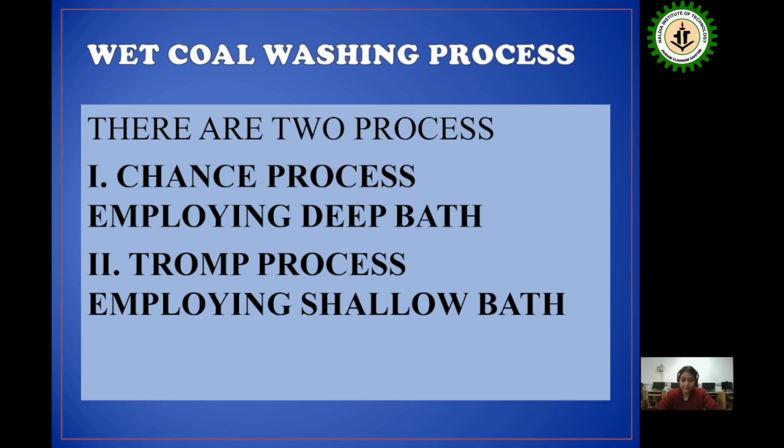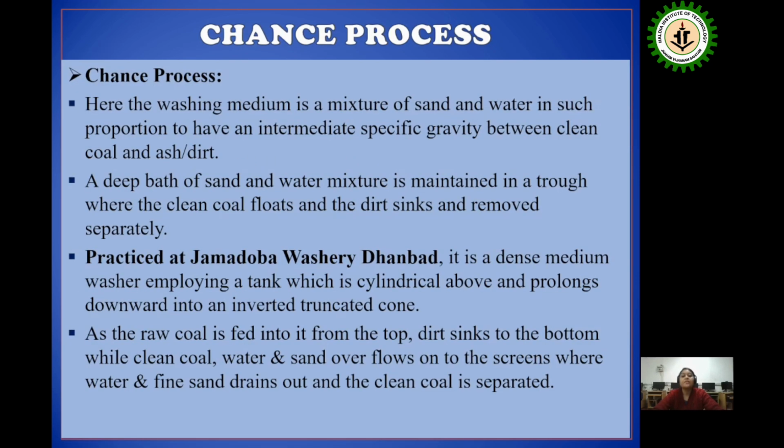So let's study in detail about both the processes. This chance process, since it's a wet process, so definitely there will be usage of water. So here the washing medium is a mixture of sand and water in such a proportion to have an intermediate specific gravity between clean coal and ash dirt.